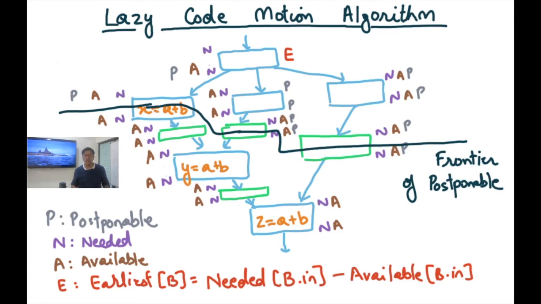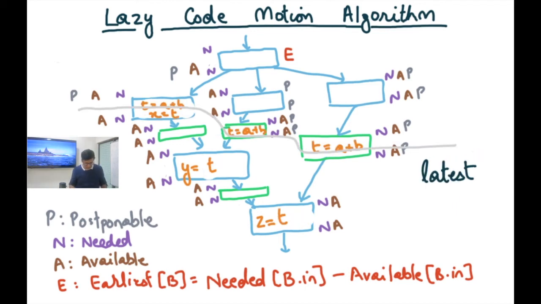What do I mean by frontier of postponable? It is postponable at that basic block, but not postponable at some of the successor basic blocks of that basic block. So I'm going to add a plus b at the frontier of the basic blocks, and I'm claiming that this is the best solution for my lazy code motion because it eliminates partial redundancy for this example, and it computes the expression as late as possible.